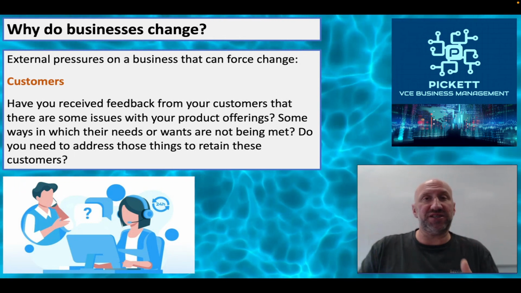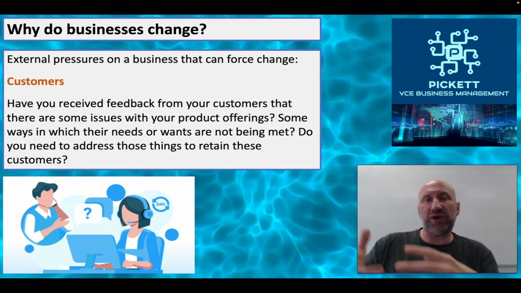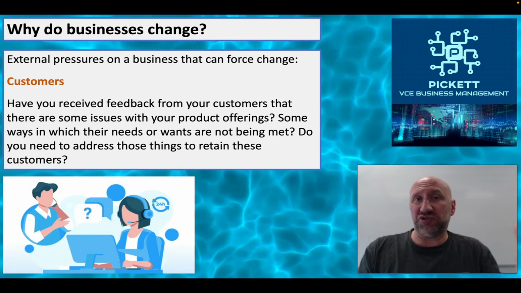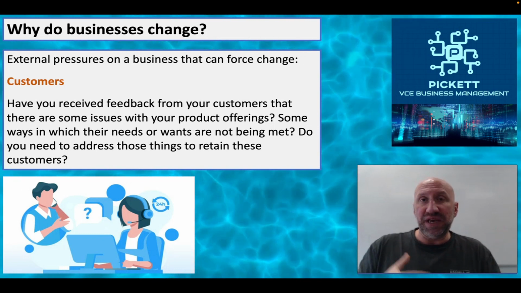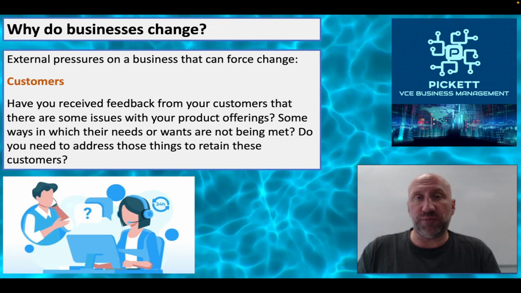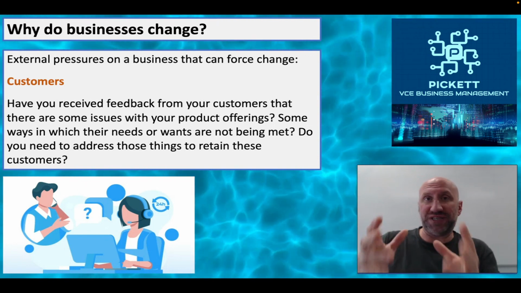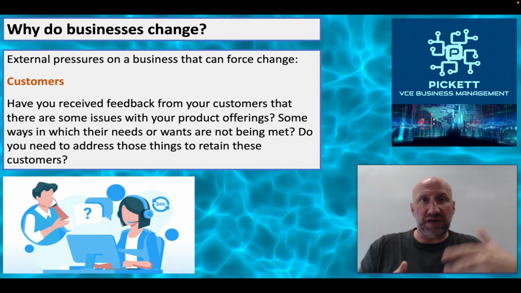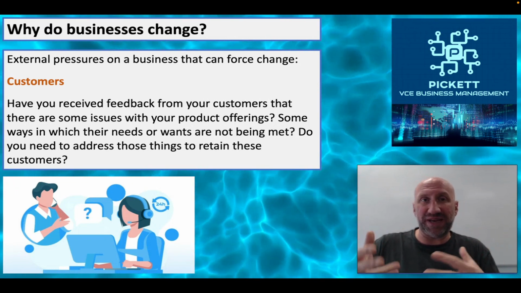Do we need to make some changes to make sure that we are meeting those needs and wants? Do you need to address these things to retain these customers? If you do not make these changes, deal with any issues with your products, and address their needs or wants, are you going to lose those customers to competitors? If so, obviously we need to make some changes.